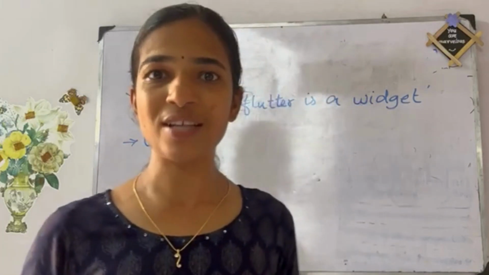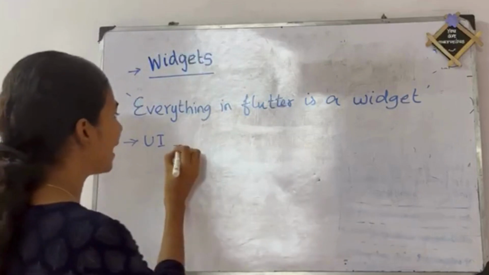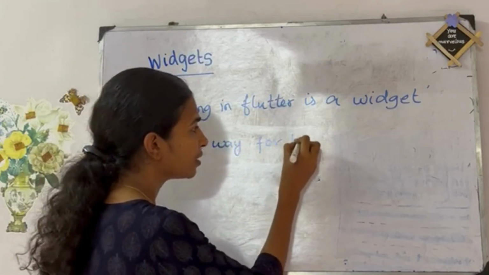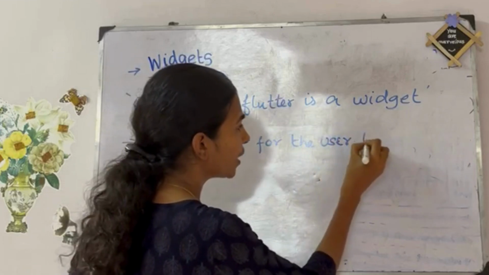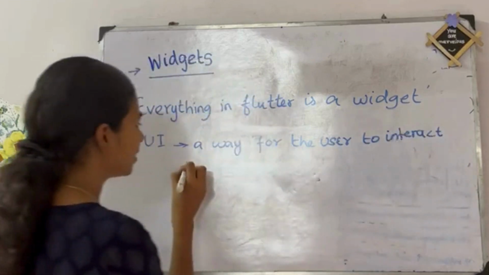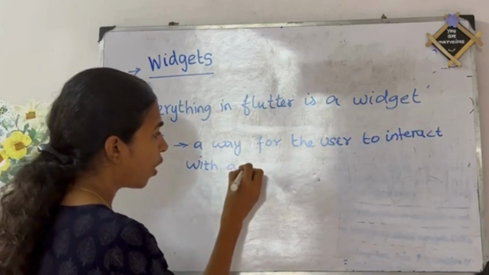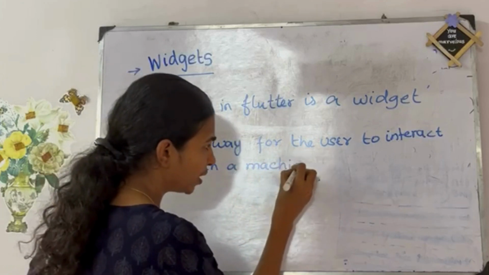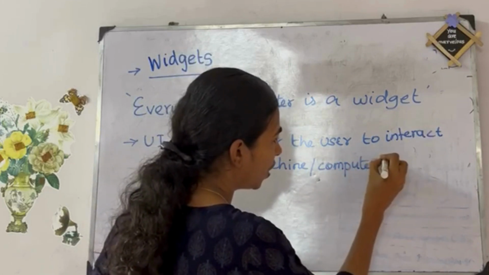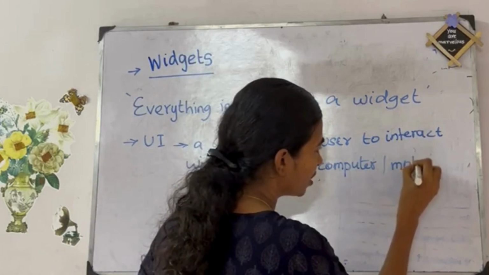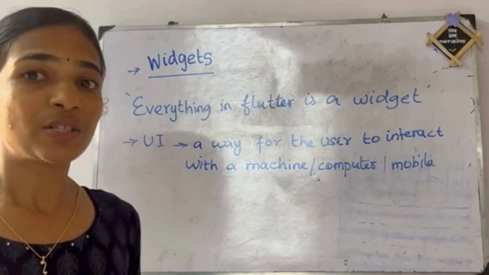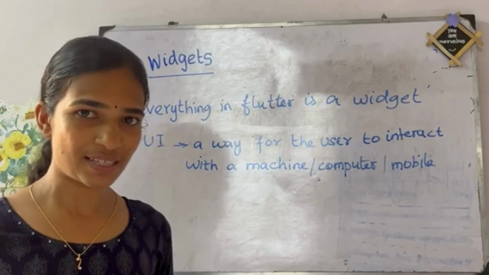So user interface is nothing but a way for the user to interact with a machine or a computer, or even a mobile. When I say machine, everything is covered here. Is that clear? So this is what a user interface is.